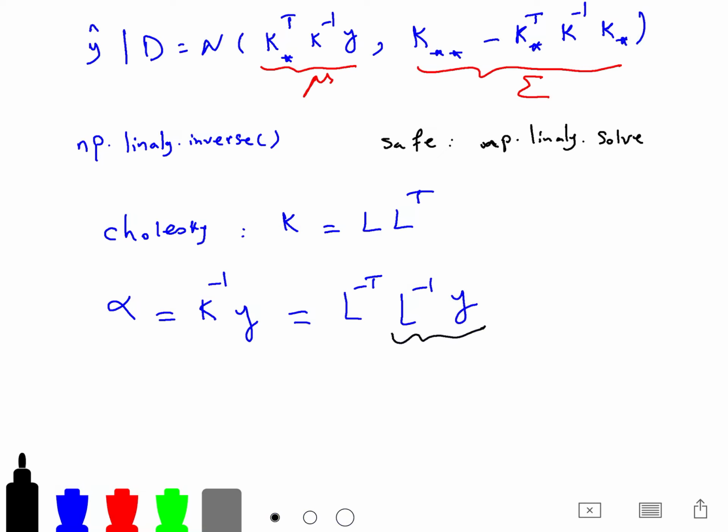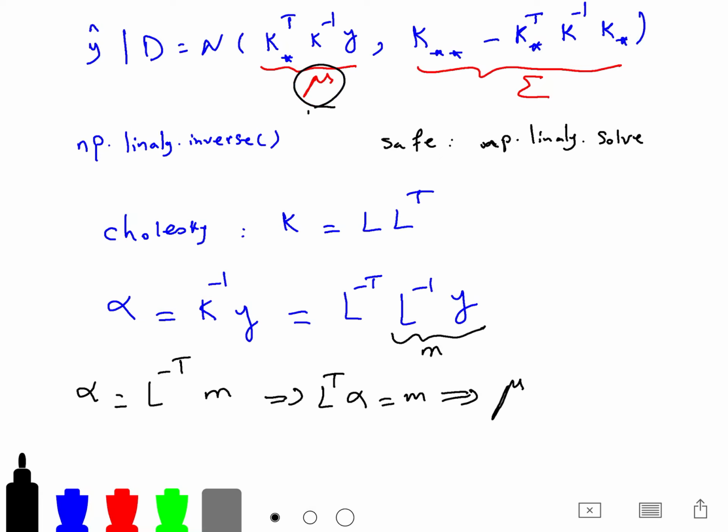If you set m as a variable, you will notice that alpha is L minus T times m, and then this is just L transpose alpha equal to m. So you can find this, your mu.